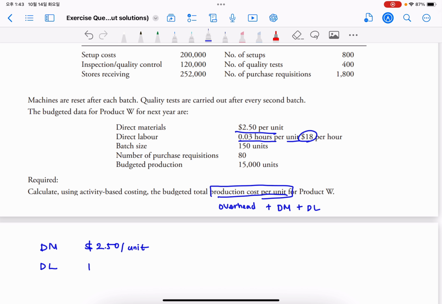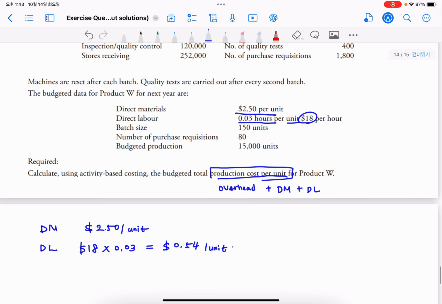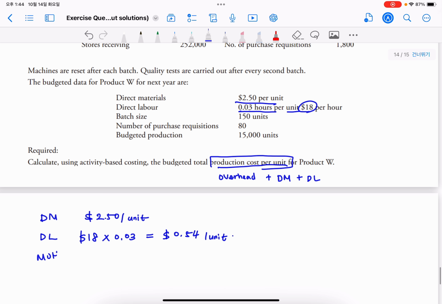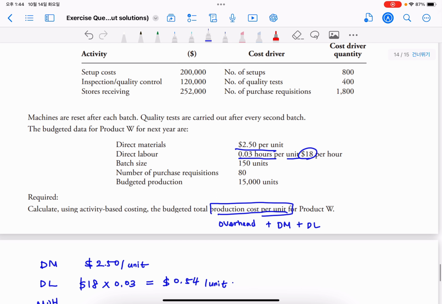So we can easily calculate per unit basis by multiplying $18 per hour times 0.03, right? That will be $0.54 per unit, right?